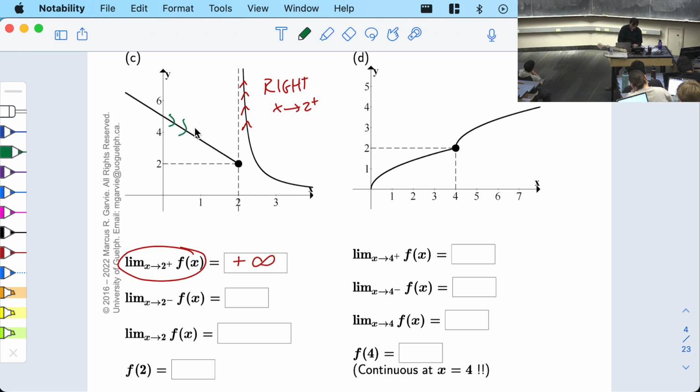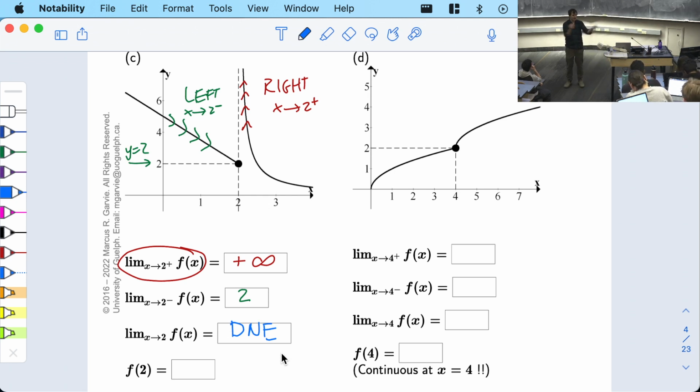On the other side, the left limit, x goes to 2 minus, the limit is 2. The y values get closer to y equals 2. So that limit is 2. And because the left and the right limit are not equal, the limit just does not exist. As soon as the limit does not exist, we know the function is not continuous.